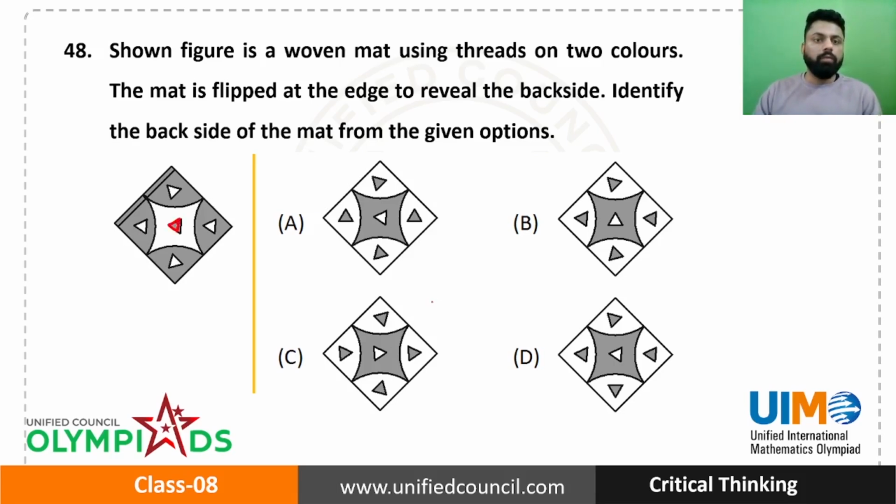This arrow is going to be like this, and everything is going to flip. And after that, whatever the shaded part is there will be unshaded. That is there in option number C. Here it is exactly the same. Here it is flipping towards upward. Here it is exactly the same. So C option is the correct answer.